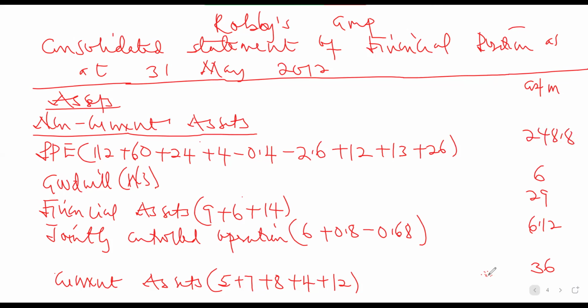Yeah. Okay. So plus 6 plus 29 plus 6.12 plus 36. So I'm having total to be 325.